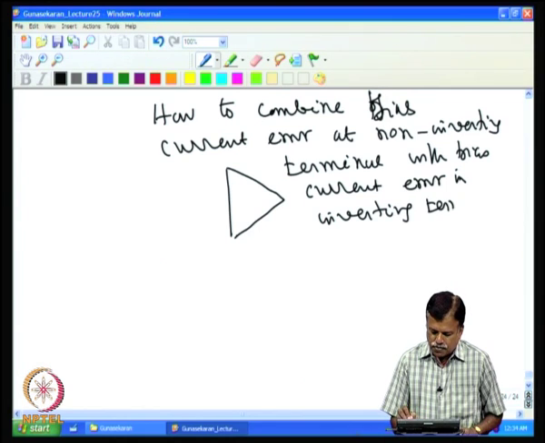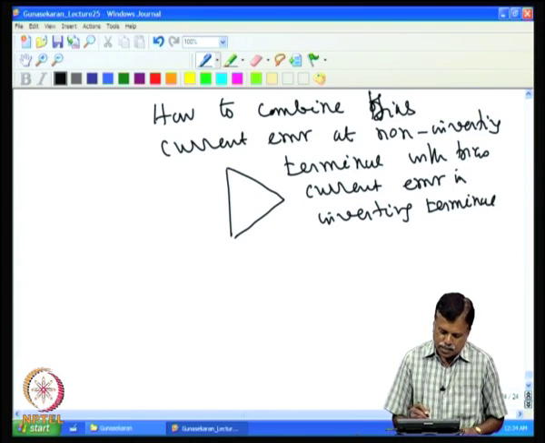This kind of compensation is used very often in actual circuit.